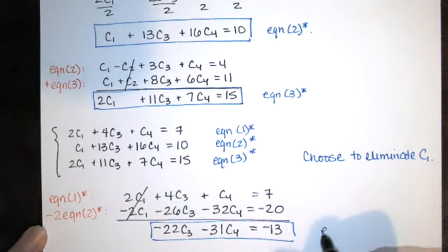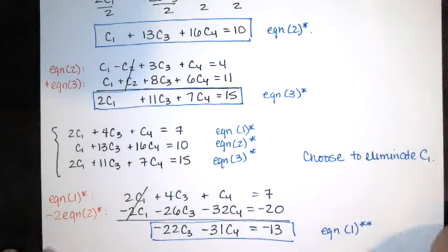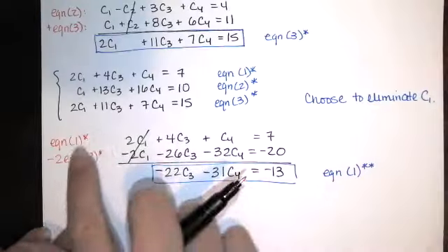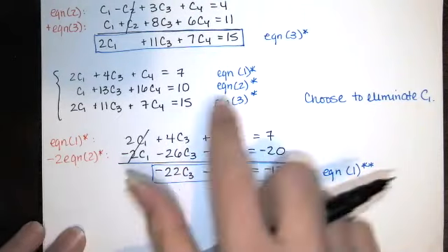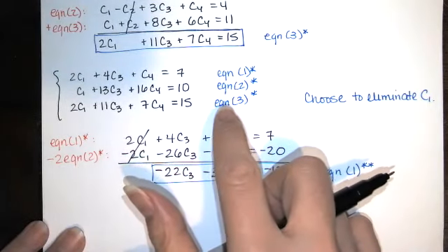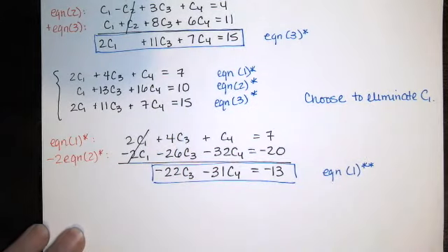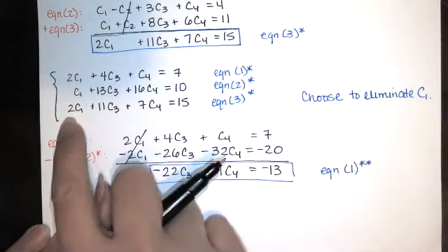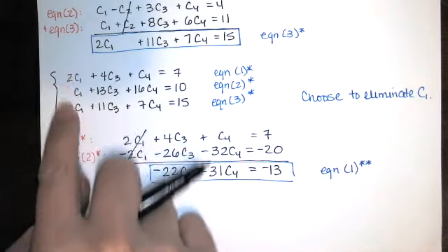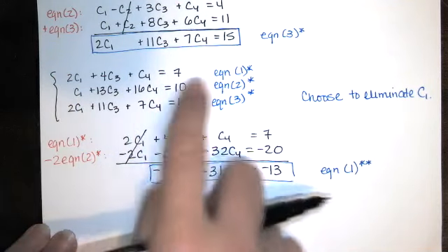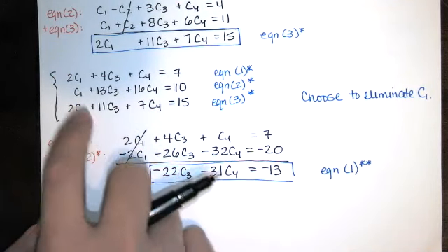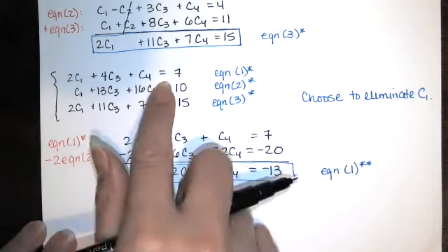Now we want a second equation involving C3 and C4. I'll call this 1 double star. So last time we used equations 1 and 2. Now we have to use equations 3 and 1 of these. Either one would be fine. Actually, since these are almost identical, but equations 1 and equation 3, they both have the 2C1. I think I'll use those this time.